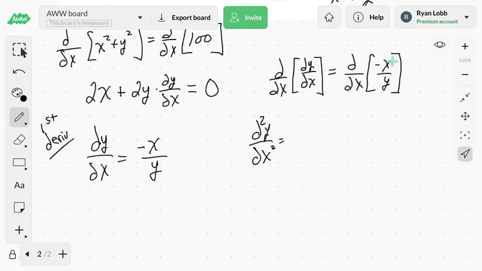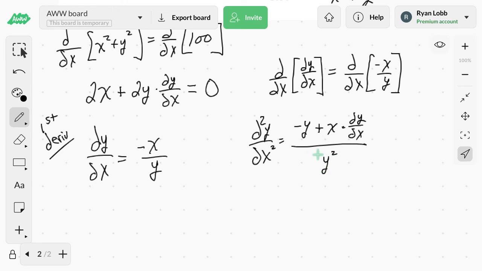So we take the derivative of negative x with respect to x, which is negative 1, times y, minus negative x, so minus negative x becomes plus x, times the derivative of y with respect to x, which is going to be times dy/dx, all over y squared.